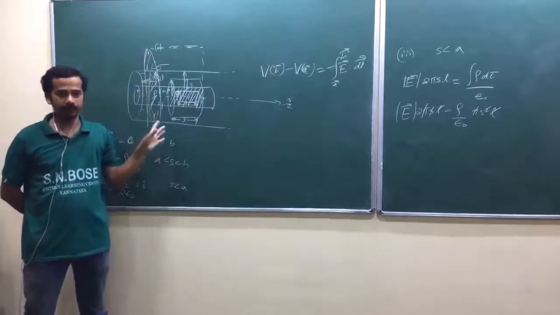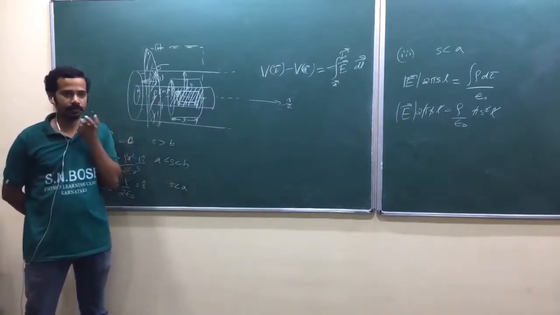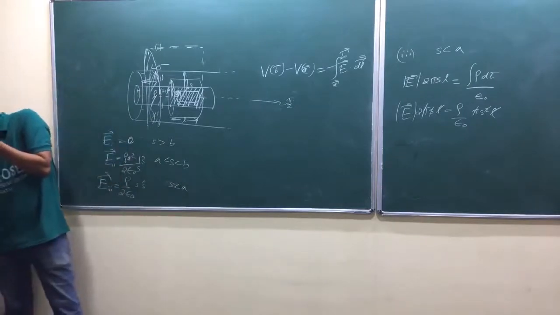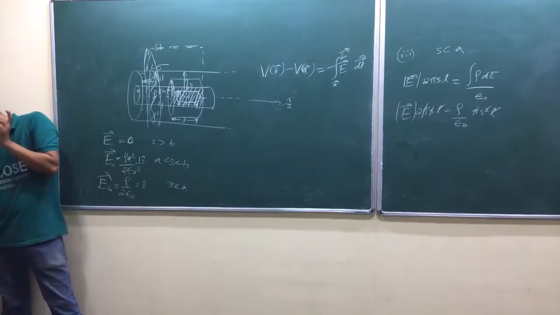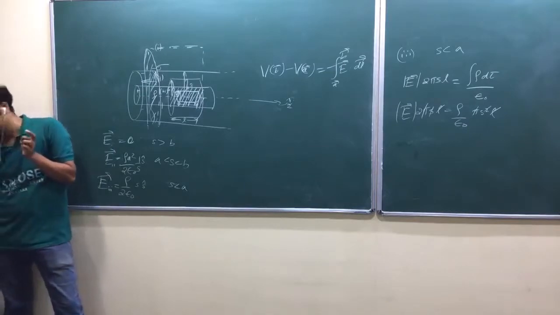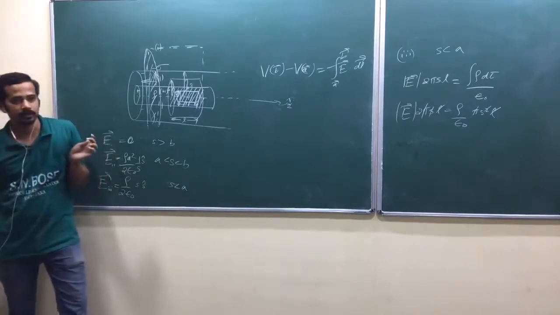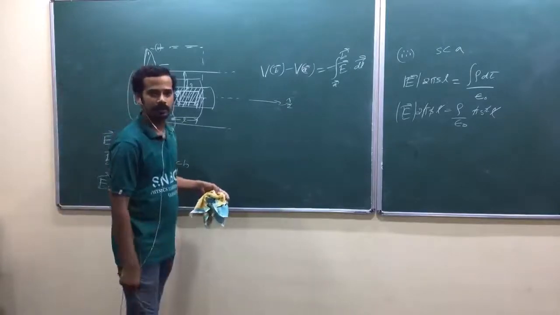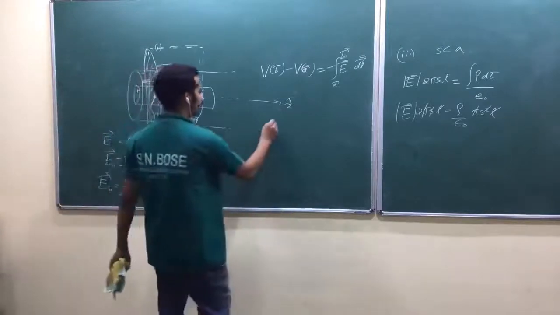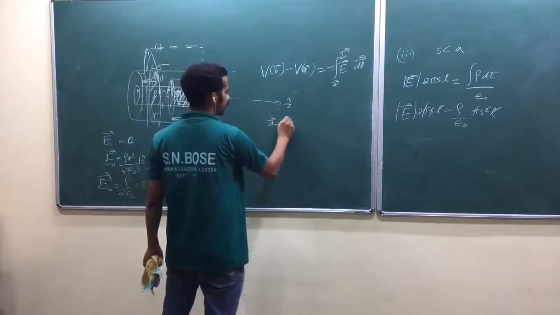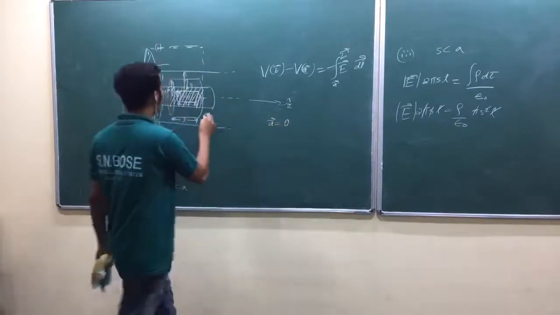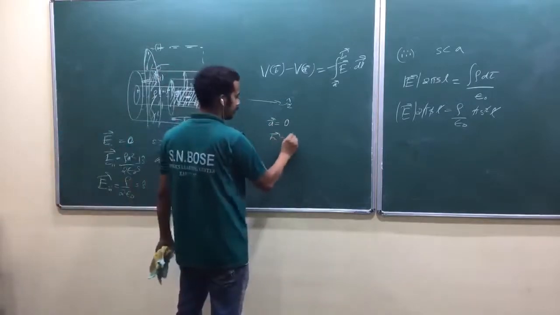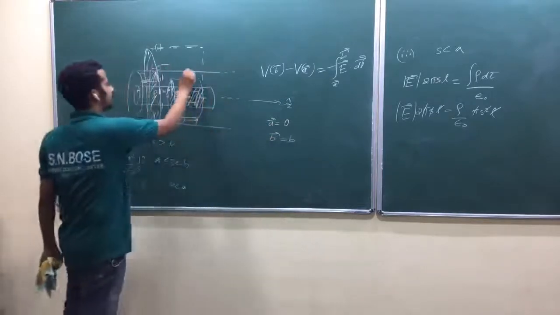Now, what is he asking? Potential difference between a point on the axis and a point on the outer cylinder. So what do we have to take? VB minus VA? Okay, I mean, now I have to take A as 0, A as some point on the axis, B as a point on the outer cylinder.